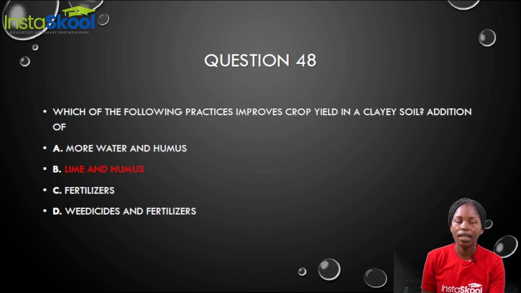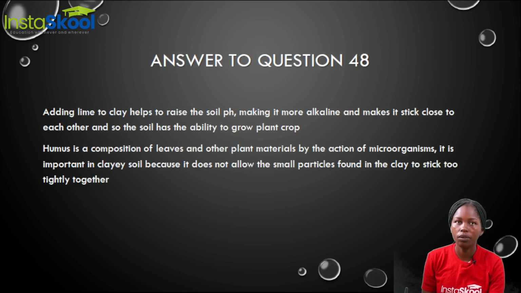Now our question 48. Which of the following practices improves crop yield in a clay soil? Now, what can we add to a clay soil that improves the crop yield? When we add lime to clay, it can help to raise the soil pH, which will make the soil more alkaline, and then the particles start to stick close to each other so that it has the ability to grow plant crops. Another thing we can add to clay soil is humus.